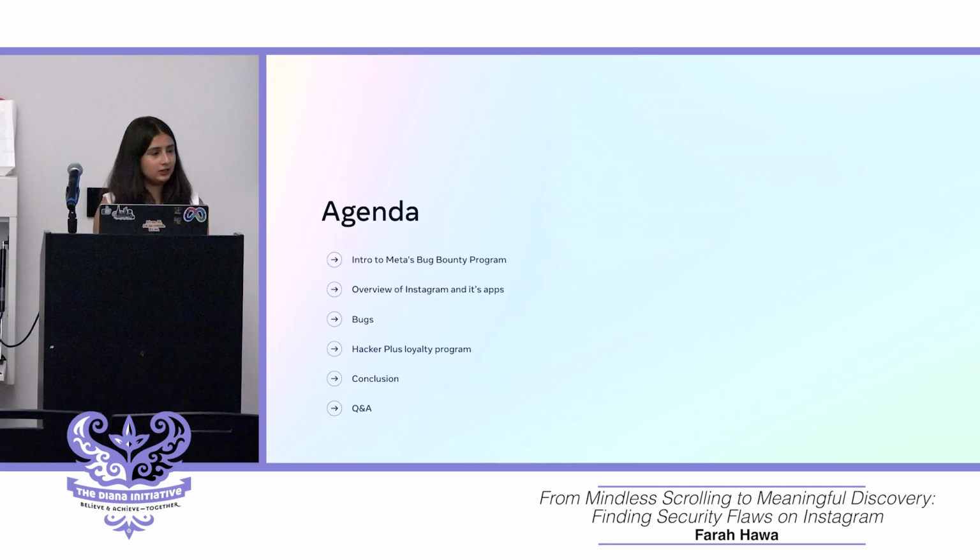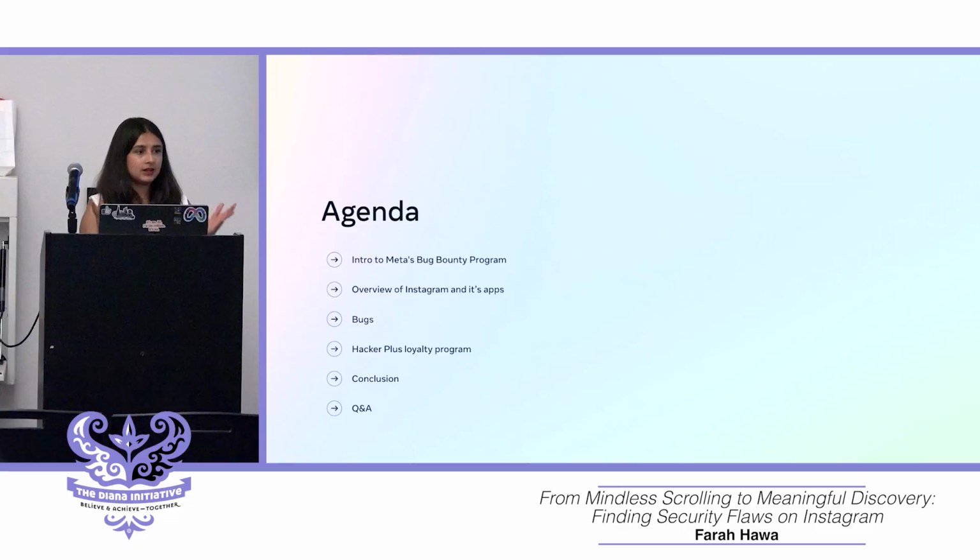Let's talk about the agenda for today. So I will start today's presentation with a quick introduction to Meta's Bug Bounty program. Then I will explain the attack surface that exists on Instagram and some of its sister apps. Once we understand the privacy landscape on Instagram, we can dive straight into 4 actual bugs that were reported through Meta's Bug Bounty program that are about Instagram.